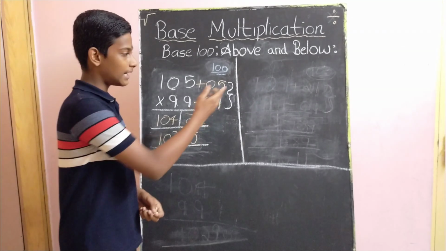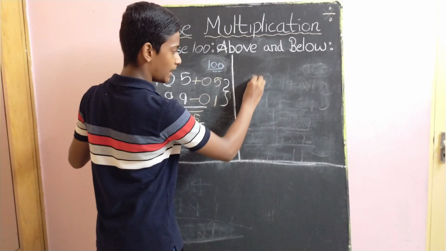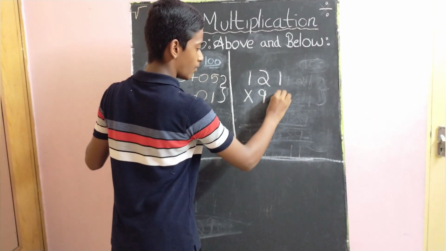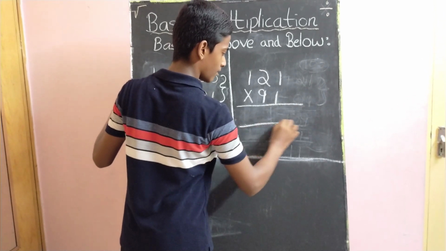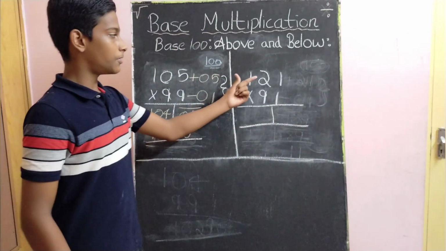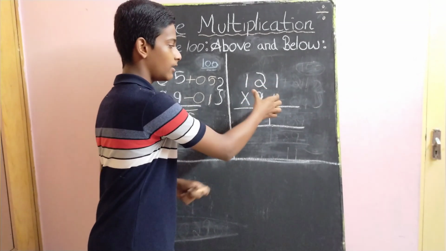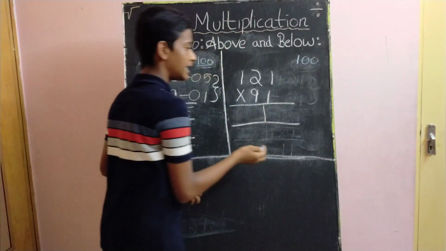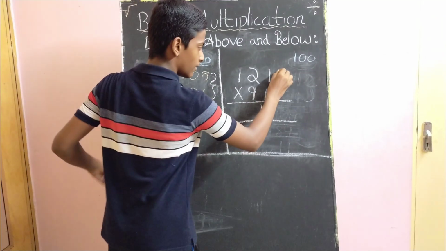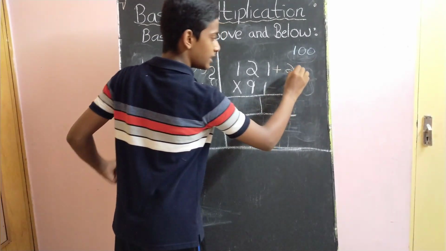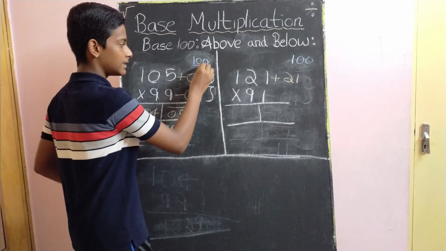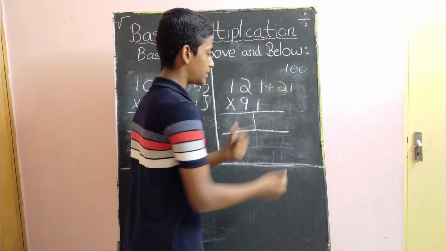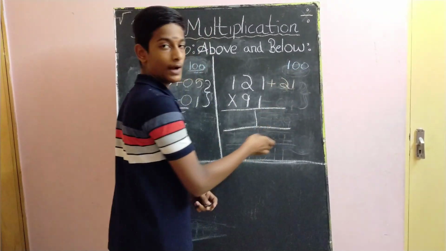Let's look at another example. Let it be 121 into 91. So here also, the first step is identification of the common nearest base, 100. Then identification of the difference, plus 21. Notice that here we wrote 0 as there are 2 zeros. Here it is already two digits, so no need to write 0 to 1.